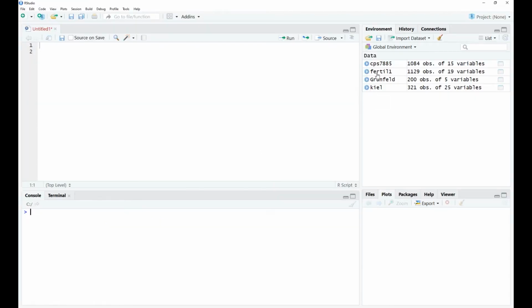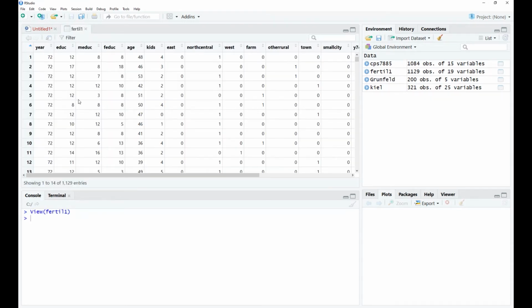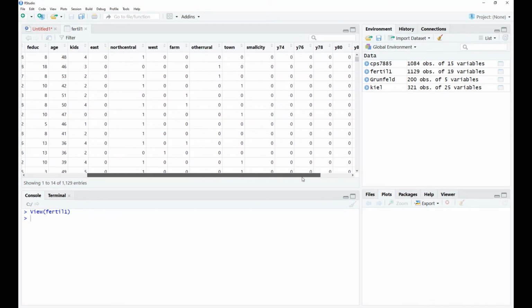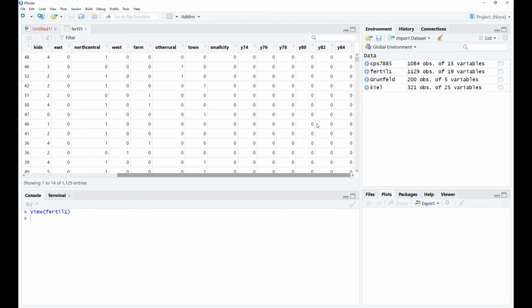Note that I have already loaded the data, and the dependent variable that we are interested in is the number of kids. Okay? We have education, we also have age, and we also have yearly dummy variables. Okay?